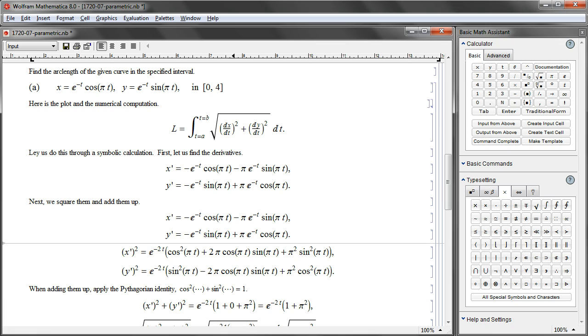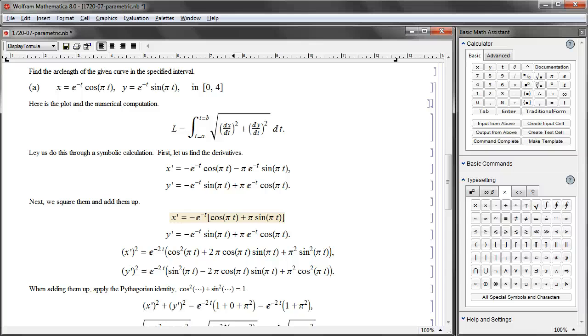Now, let's do further manipulation. We have to find x prime squared and y prime squared. So before that, let's factor e to the negative t power out. Here we go. We factored e to the negative t power out.